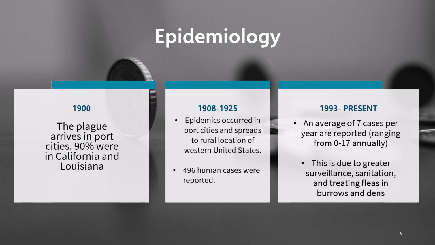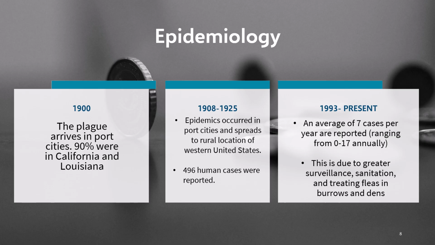In 1900, the plague arrived in the United States through a merchant ship. 90% of the cases of the plague were in California and Louisiana. They were all at ports. The epidemic occurred in port cities around the United States, mostly on the west coast, but it did spread to rural locations and it did make its way east.